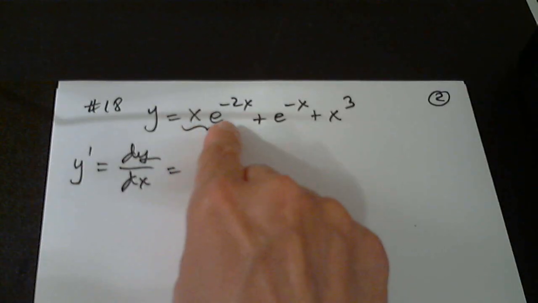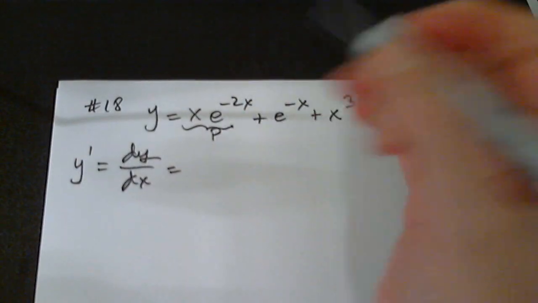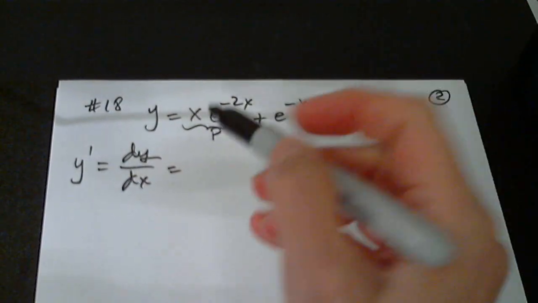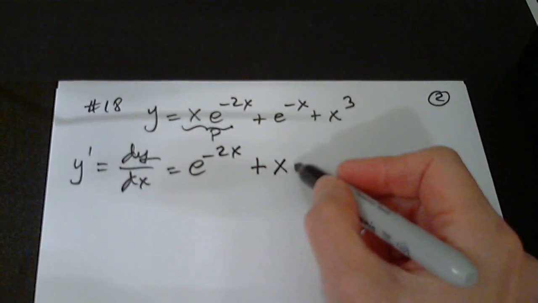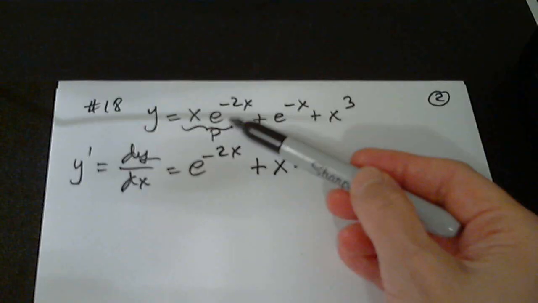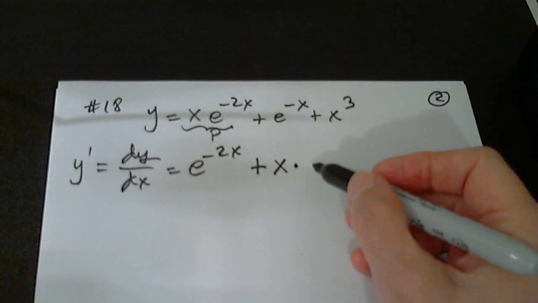So what is this? Product rule. Matt, what did you say? Product rule. Exactly. That's all I wanted to hear. So this is a product. The first function prime is 1 plus x times e to negative 2x. Can anyone help with e to negative 2x prime?